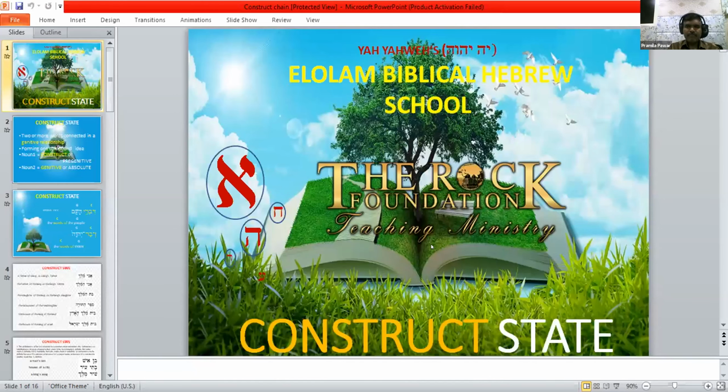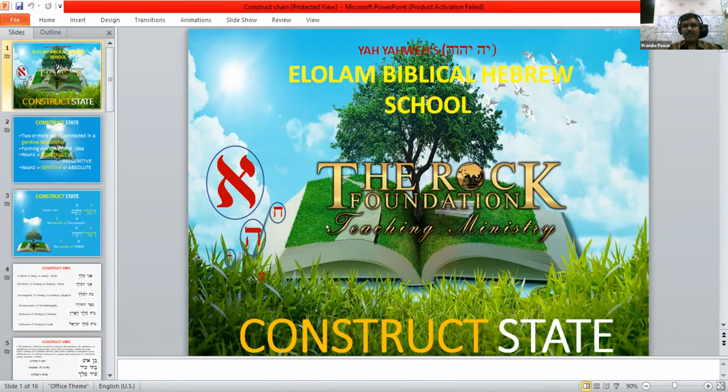Now, please remember that you will find this maqqef in the construct state. It is not compulsory that whenever two or three words are connected with maqqef, the chain is the construct state. No, maqqef is just an identifier. Sometimes, in most of the cases, you will find that the relationship is a construct relationship, but sometimes it is just used to join two words.